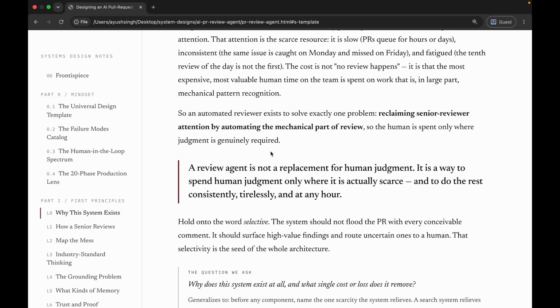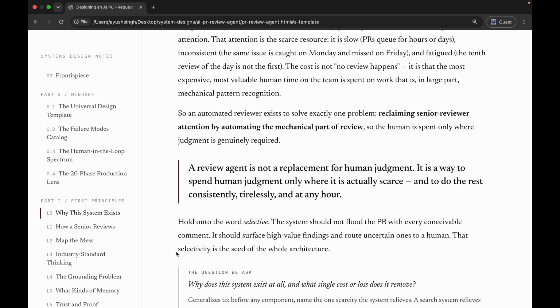It should only put out high value findings or something which is very interesting. It should not comment on every single thing out there. So we should have selective review from our agent on the mechanical part, and if possible, just give the high value findings where you're very confident. And if you're uncertain, we will escalate that to a senior engineer.